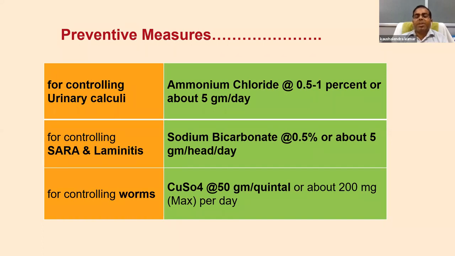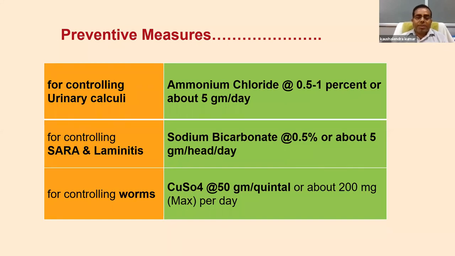It will maintain the pH of the rumen, and once the pH is maintained, there is less chance of development of subacute ruminal acidosis, and laminitis is associated with ruminal acidosis. So we can overcome those problems when we supplement soda bicarb at the rate of 0.5%.